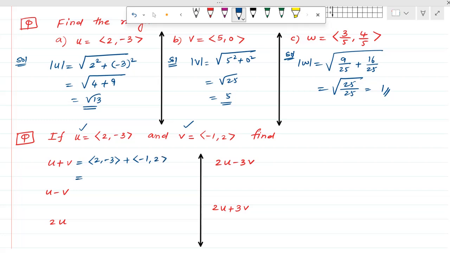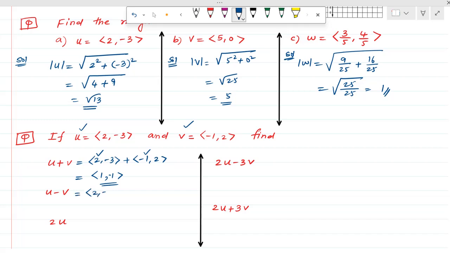When you add these two vectors, add the corresponding terms. So 2 minus 1 is 1, comma, minus 3 plus 2 is equal to minus 1. Here it is asking only for the vector. If it is asking for the magnitude, we will do the magnitude. Otherwise no need.